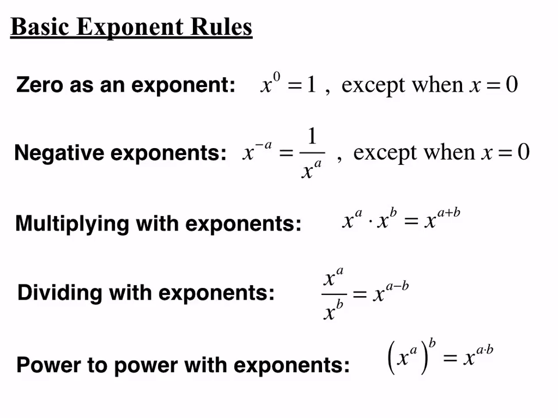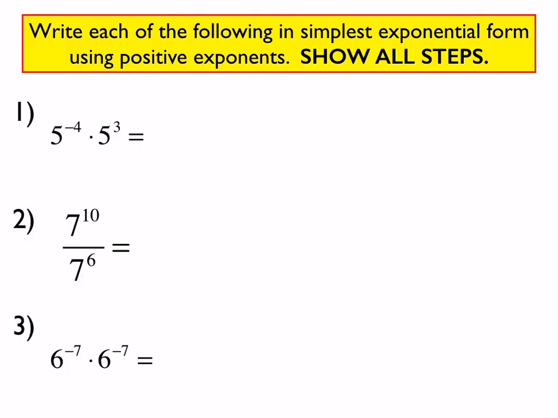All right, could I get everybody to do 1 through 6? We're not going to evaluate anything today. We're simply going to write our answers in simplest exponential form with positive exponents. It says show all steps. I've already talked about what I need to see as far as steps go. I'll get back to you in about a minute and a half.